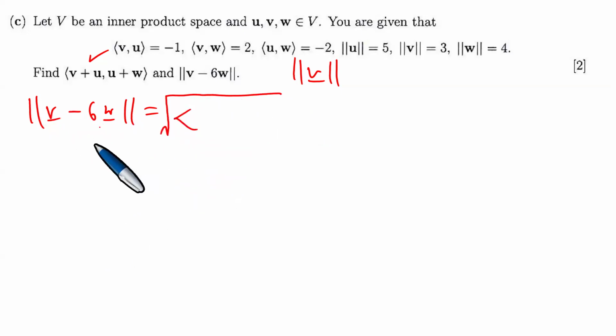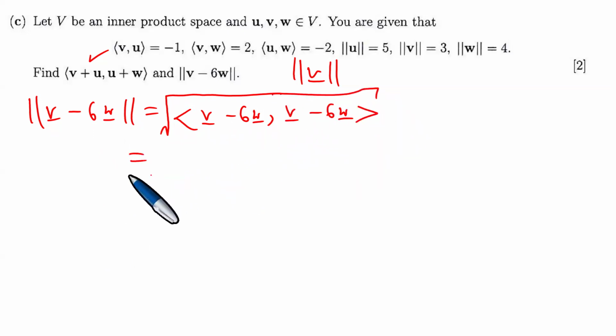The length of this would be the inner product of V minus 6W with itself, so you repeat it, V minus 6W. And then what do you do? You separate again, and you need to separate them in order.